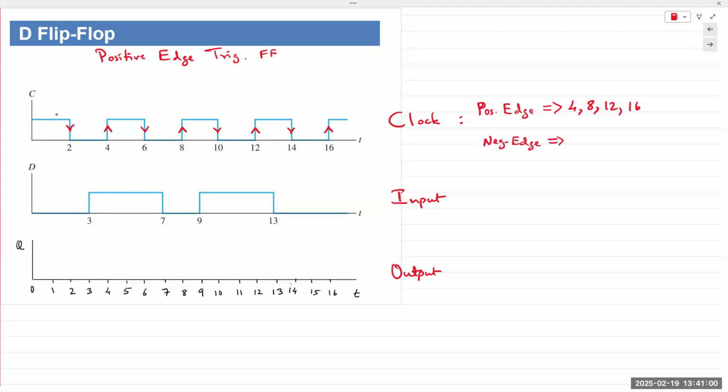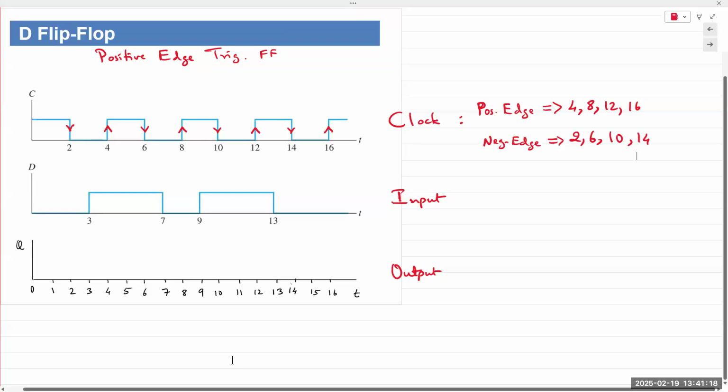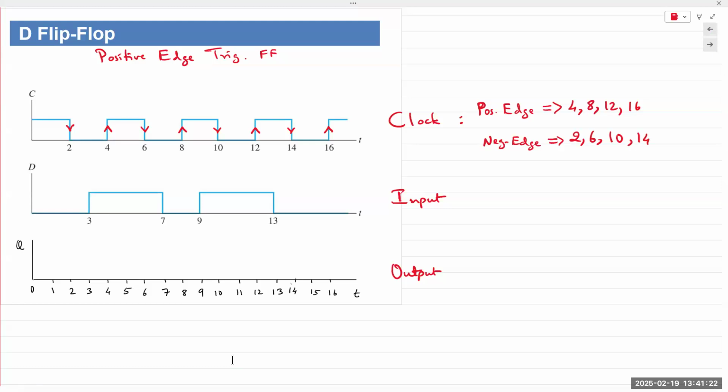Negative edge transitions occur at 2, 6, 10, 14. Other than that, the output should not change. Now, we are not given any information about the previous or current state. We don't know, so we can assume. Let's just assume that it is 0.